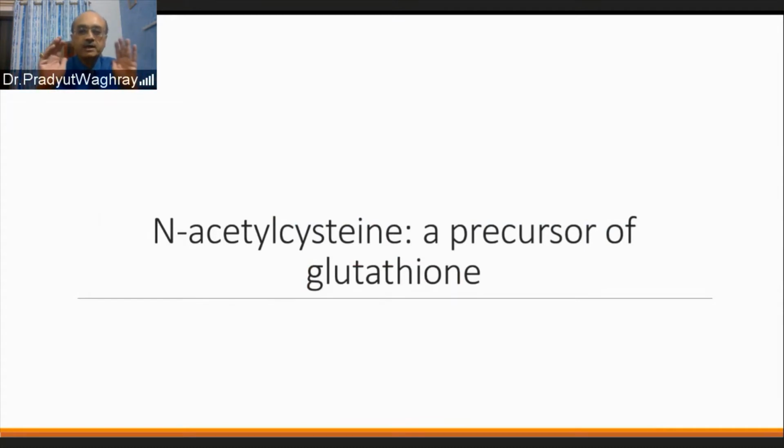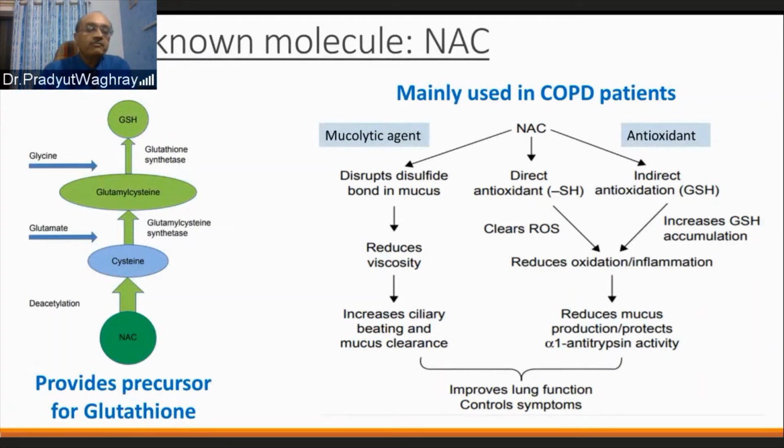Having known this, we know that if we can increase the level of glutathione by some mechanism, we can counter this oxidant damage caused by the free radicals, and the oxidative stress can be prevented. So then N-acetylcysteine was studied, which is a precursor of glutathione. If you remember my previous slide, I told that cysteine can be produced by N-acetylcysteine externally.